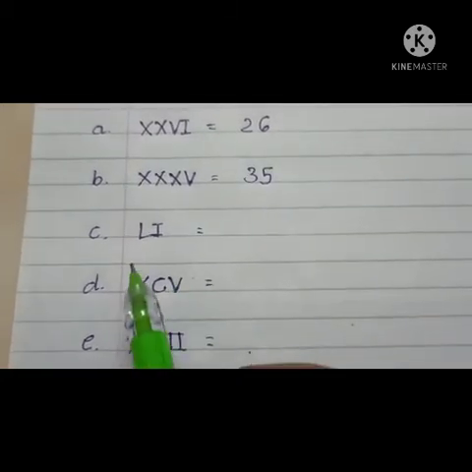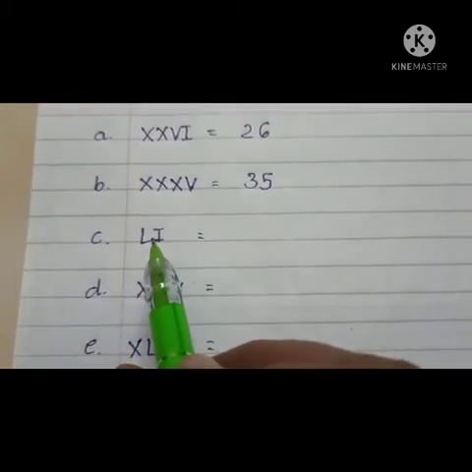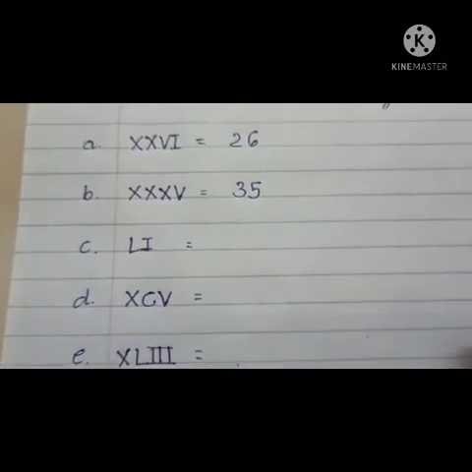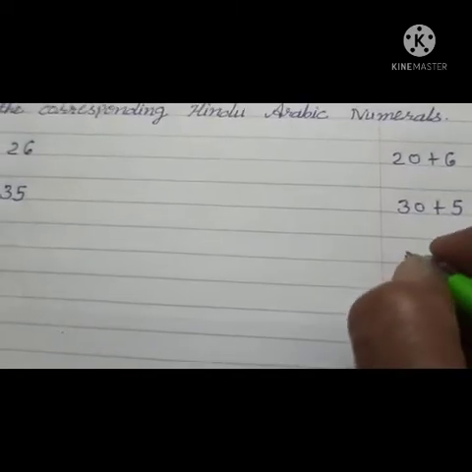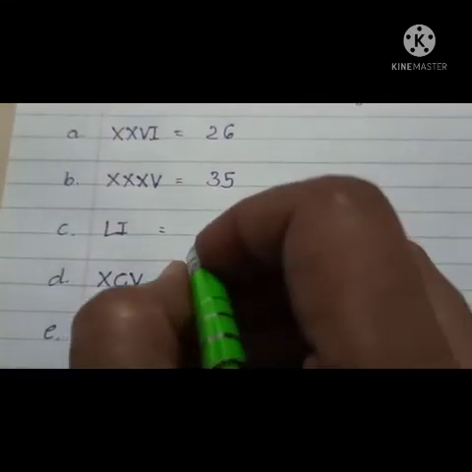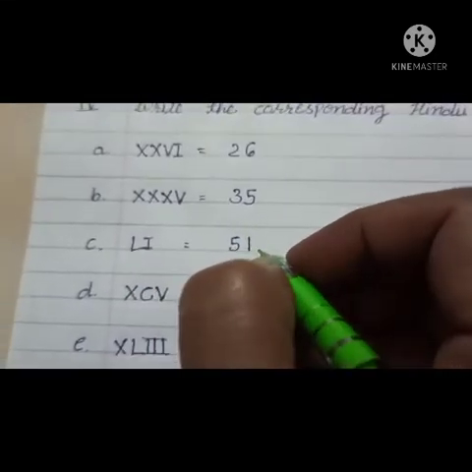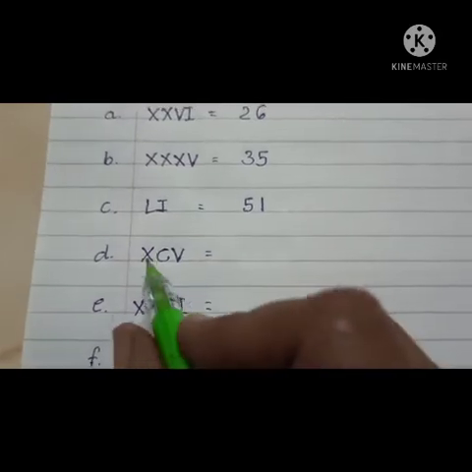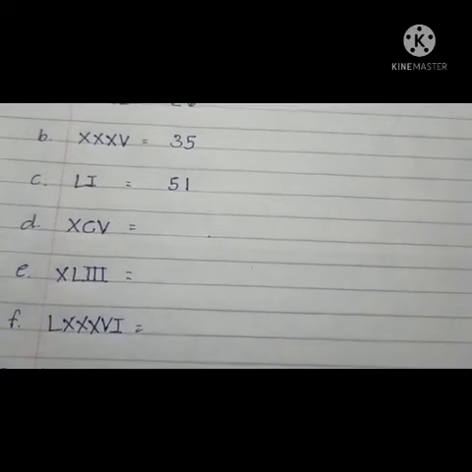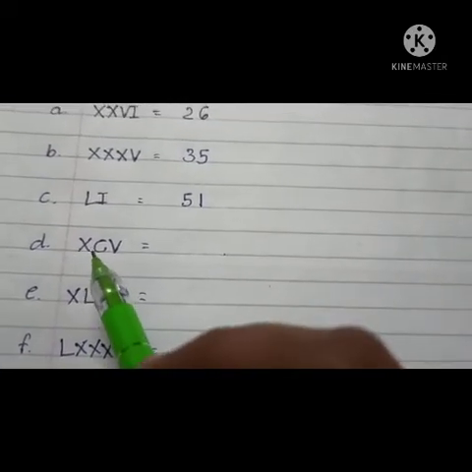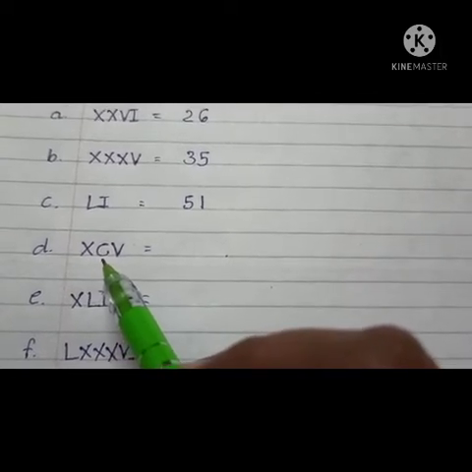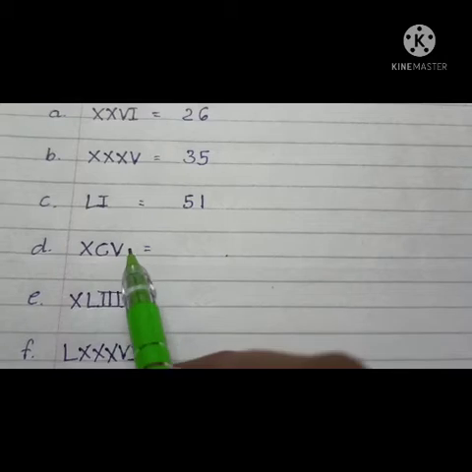Now next, L has a value of 50 and I has a value of 1. That means 50 plus 1, 51. Now next D. X has a value of 10 and C has a value of 100.